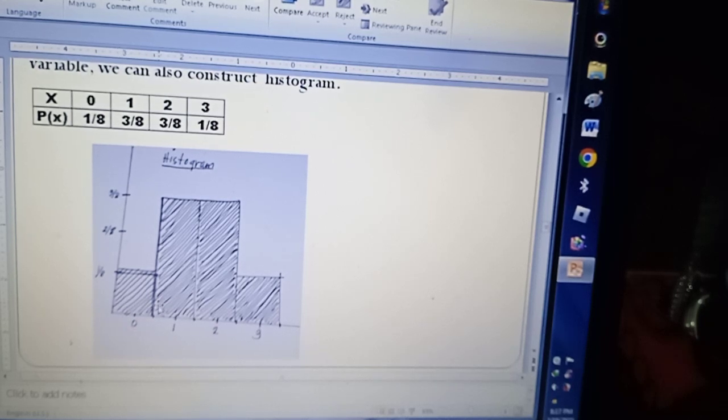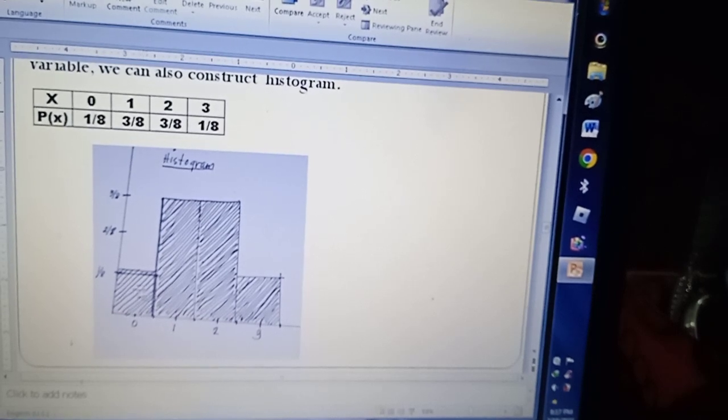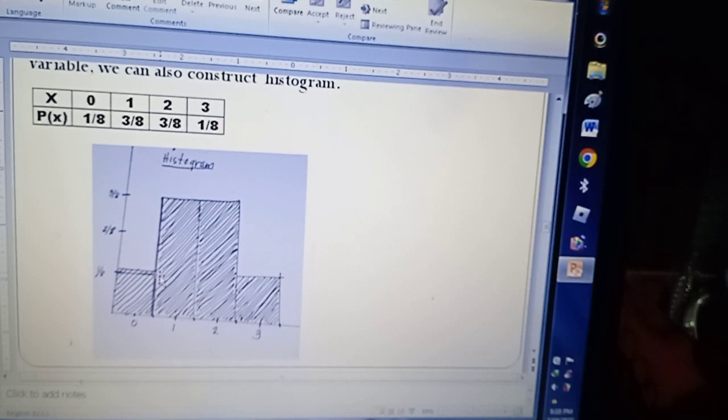So in drawing a histogram, you draw a line between 0 and 1, going to 1/8, because there is a 1/8 probability for 0 heads to come out in the outcome. So you draw a line up to 1/8, connect and shade.